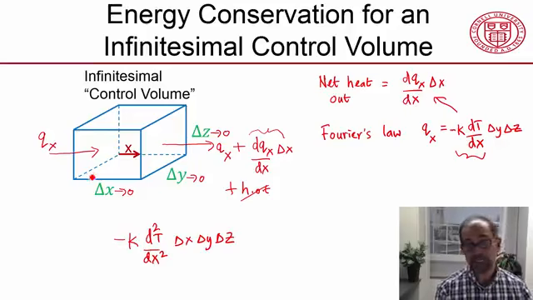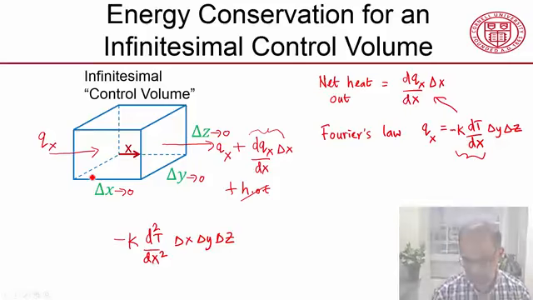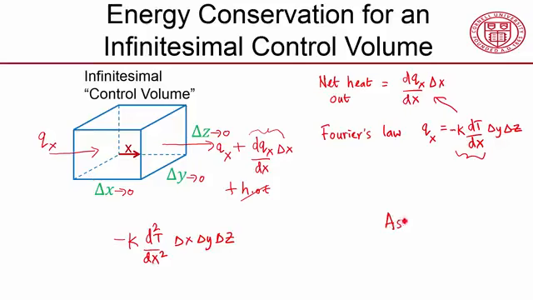And I'm going to be assuming 1D. So let me list assumptions here as I'm going along. I have assumed one-dimensional, so I'm saying that there is no heat flow through these faces or through this face. One-dimensional, or 1D.